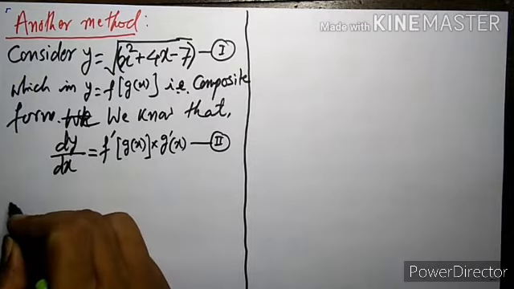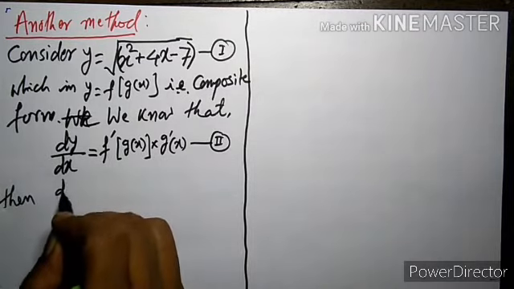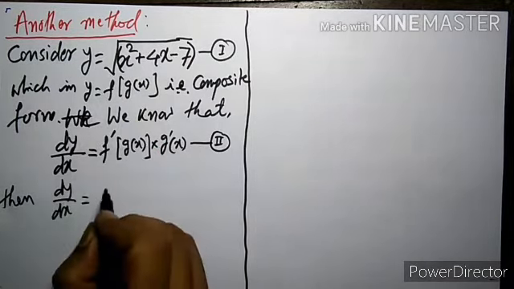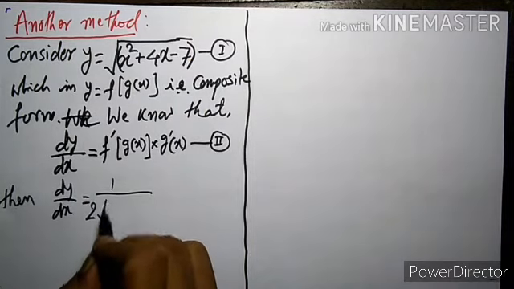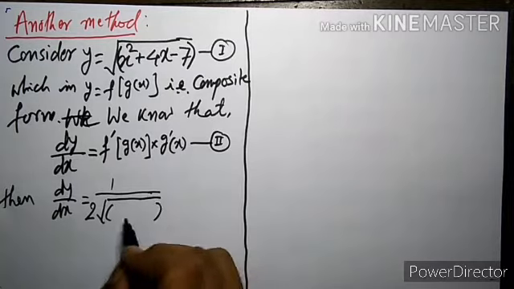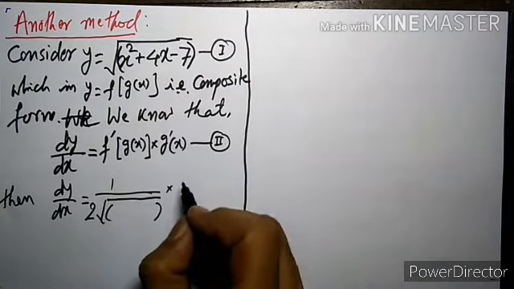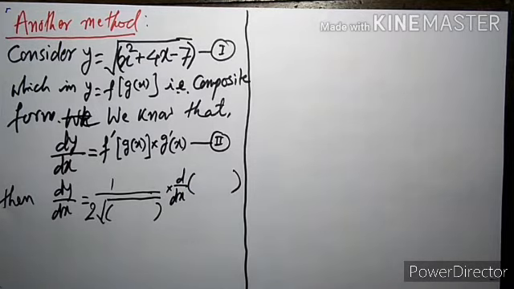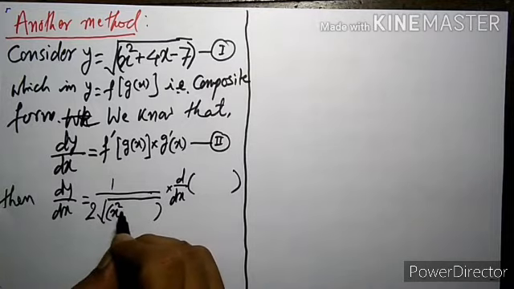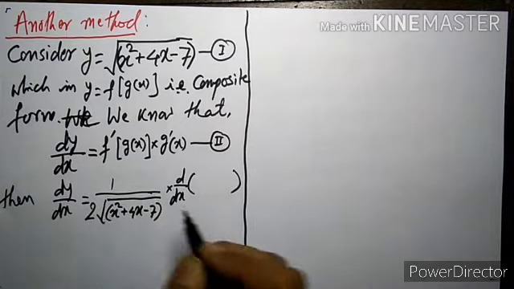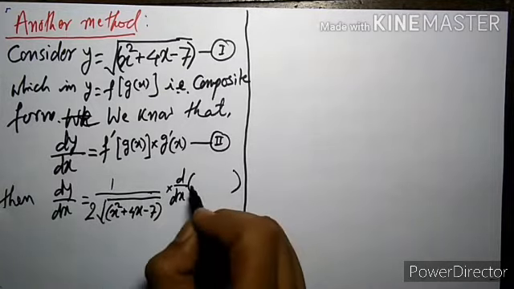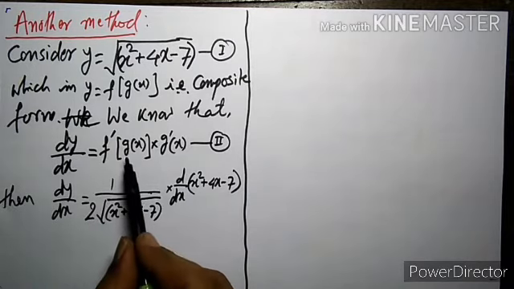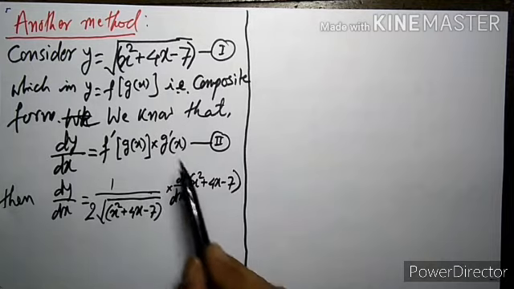So it can be written that dy by dx is equal to f dash, function f is the square root, so its derivative is 1 upon 2 root of bracket, meaning g of x, into d by dx of g of x. Notice that the bracket inner function is x square plus 4x minus 7. I will write the same. So the derivative of the outer function, 1 upon 2 root, into the inner function as it is, into the derivative of the inner function.